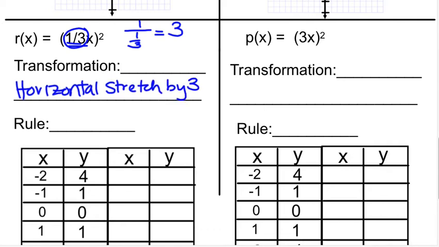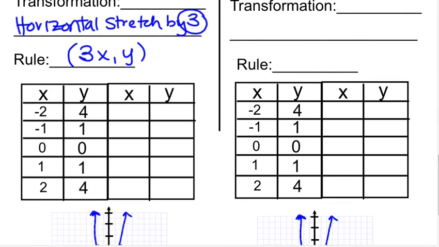The rule, again, we're talking horizontal, x. So we're going to multiply every x by 3. So we get -6, -3, 0, 3, and 6.